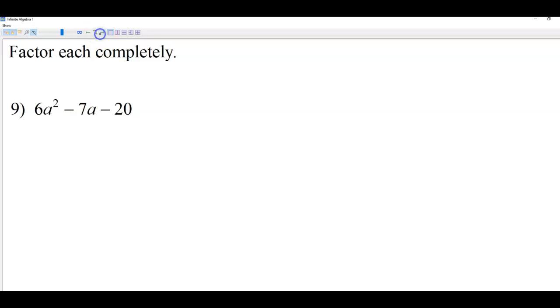So we have one for you guys to try. Let's see how you do. Wrestle with it.